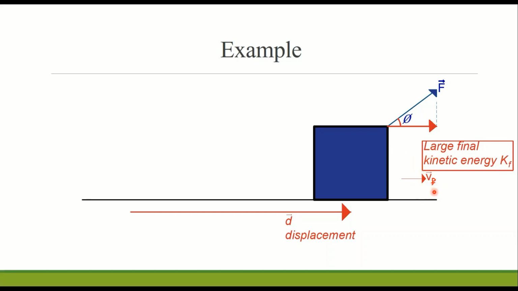According to the work-energy theorem, the force F accomplishes work computed as F times d times cosine of phi, leading to a transition in the object's kinetic energy from K0 to Kf as the object moves and changes its velocity.